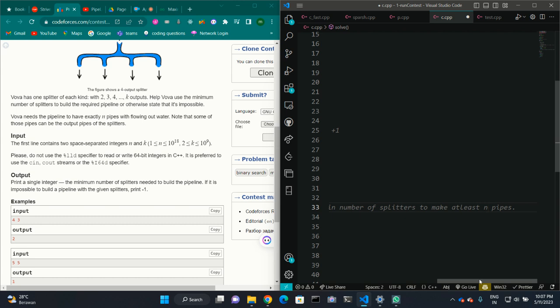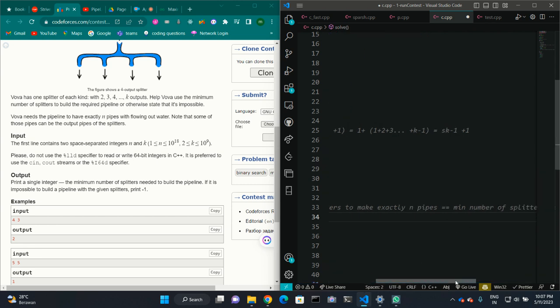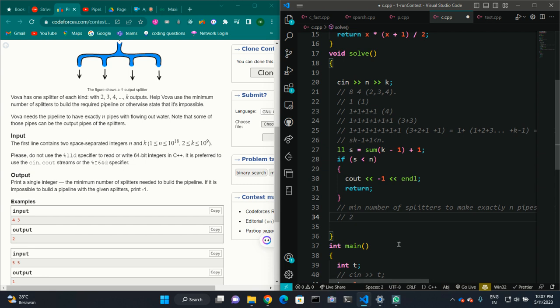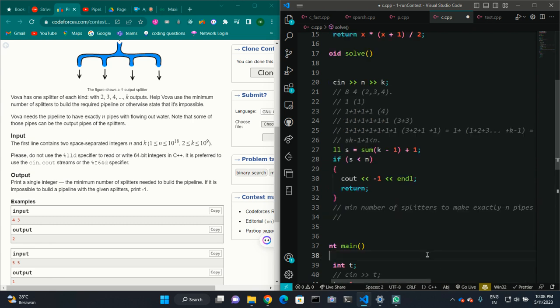So to make 3 outputs, we need some x number of splitters. I will ask the question, how many splitters will you need to make 2? I'm going to prove that this can be binary searchable.